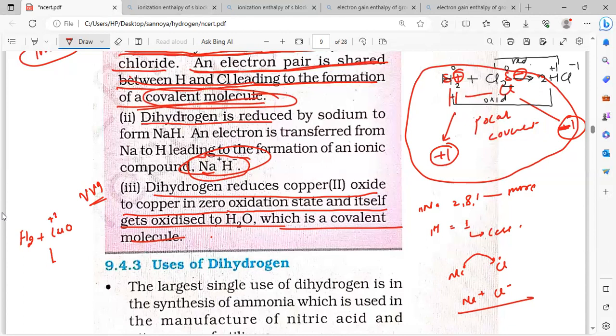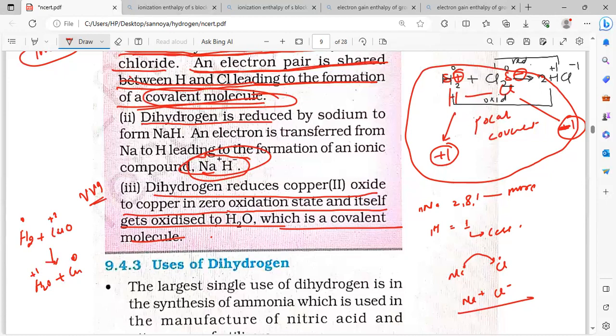After the reaction it forms H2O and Cu0. Here it is 0, here it is +1. So hydrogen itself is oxidized, but copper is reduced.